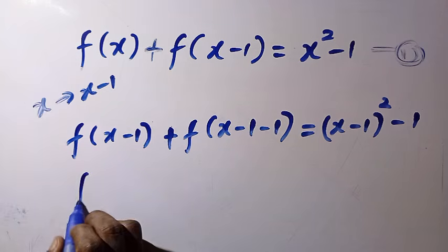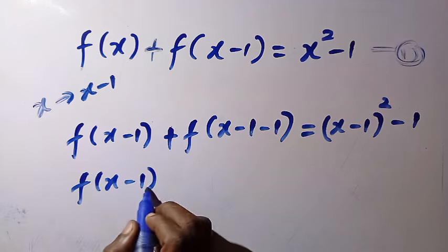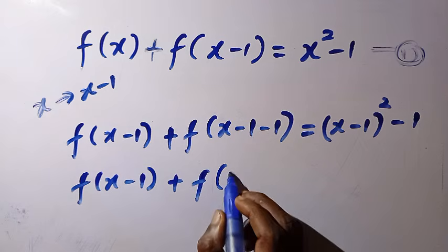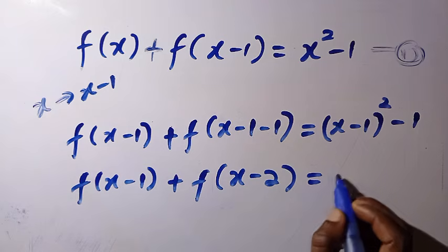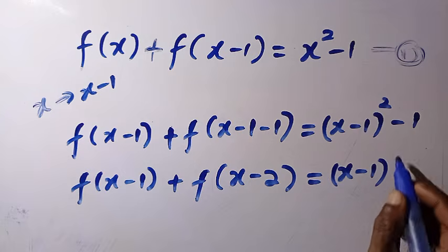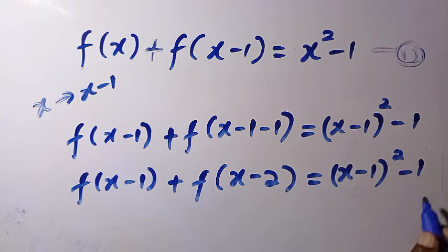So from here we have f of x minus 1 plus f of x minus 2 equals x minus 1 squared minus 1. And I call this equation 2.